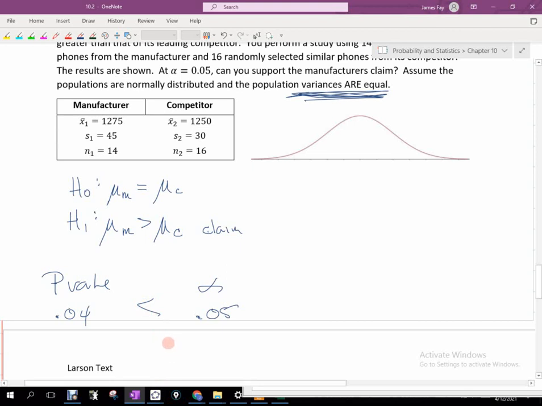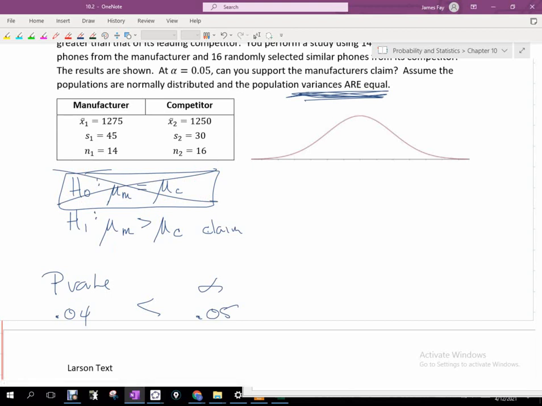That means we reject the null hypothesis, right? So we reject that. And if we reject that, then we can say there is sufficient evidence to support the manufacturer's claim at 5%. Does that make sense?